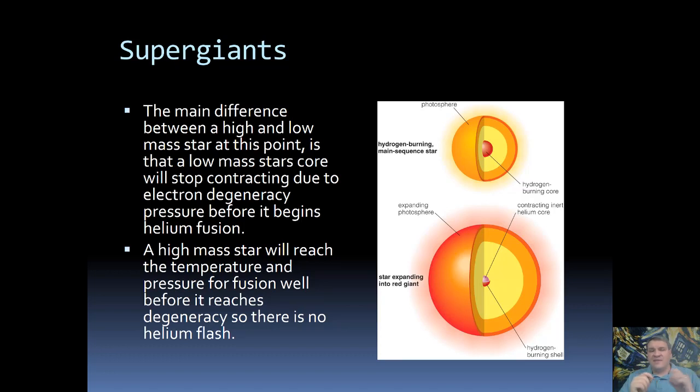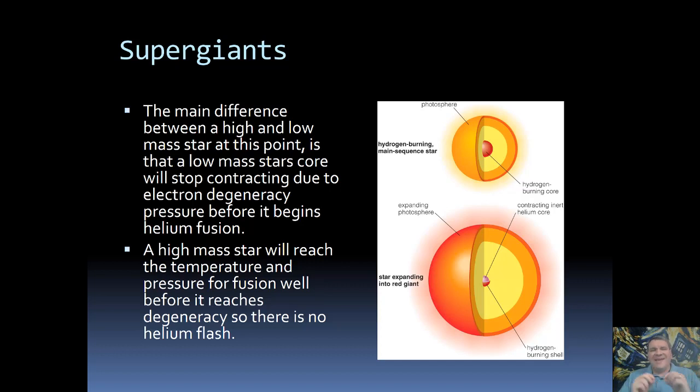We mentioned previously that for the low mass star, without that fusion, the core shrinks, but eventually it'll stop shrinking due to electron degeneracy pressure, because it's not going to get hot enough to begin helium fusion. And then it just sits there for a long time until other stuff falls onto the core, causing it to get hot enough that we get the helium flash.